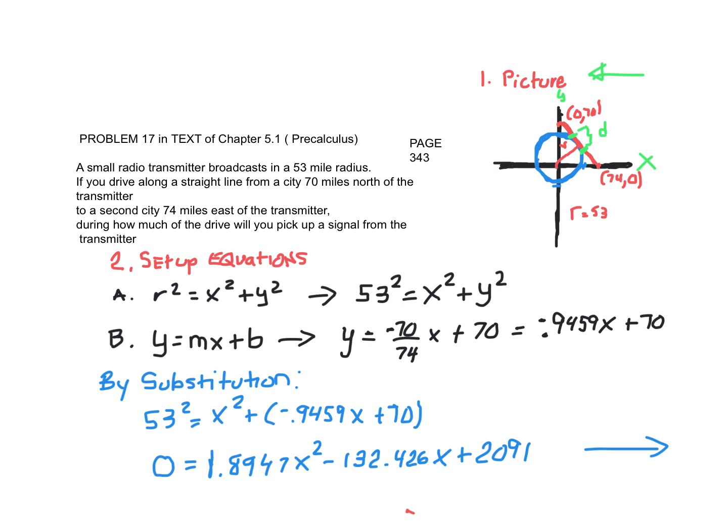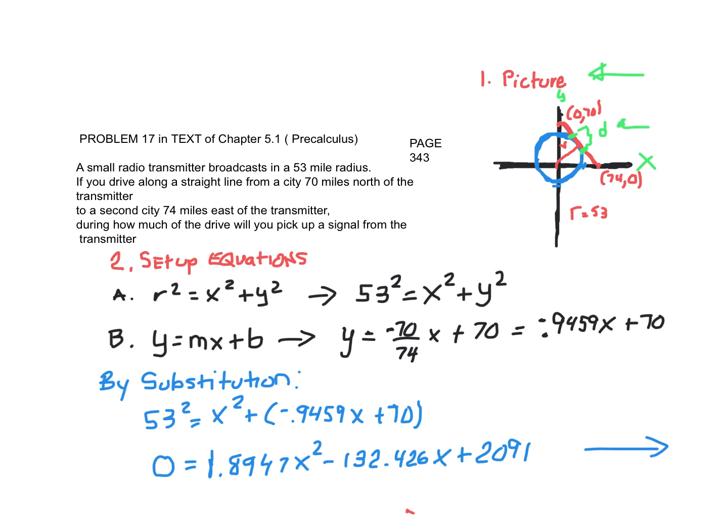This is not drawn to scale, but it probably goes through some portion of the circle where the signal can be picked up. So this portion D is what we're trying to find.